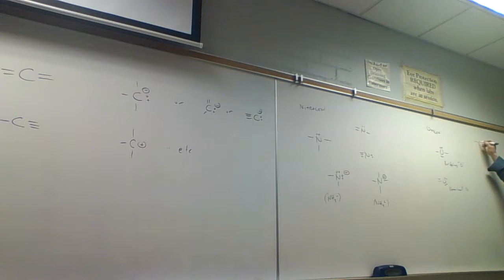And then we have other environments, like, for example, we could have oxygen with 3 bonds, but this is going to put a positive charge on that oxygen. We could have oxygen with 1 bond and 3 lone pairs. This is going to put a negative charge on the oxygen, etc. So these are common bonding environments that we'll see in Lewis structures.